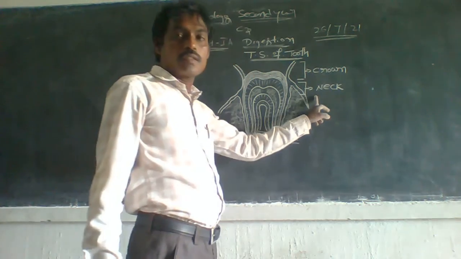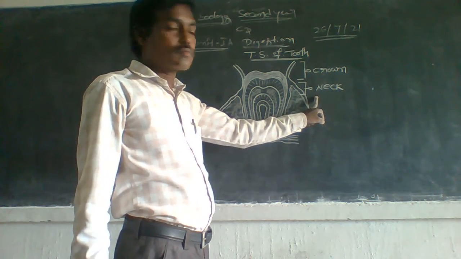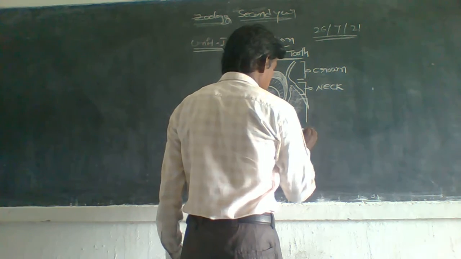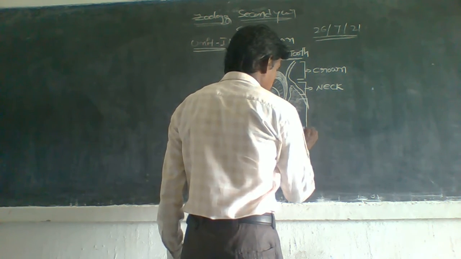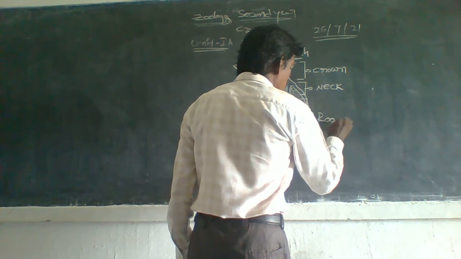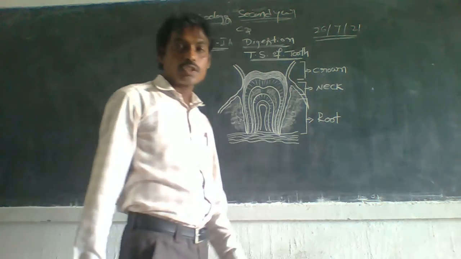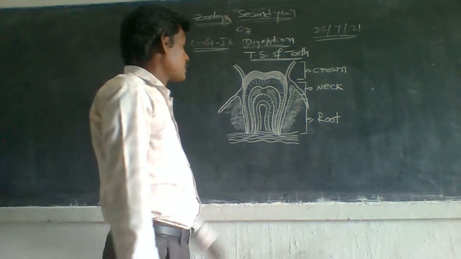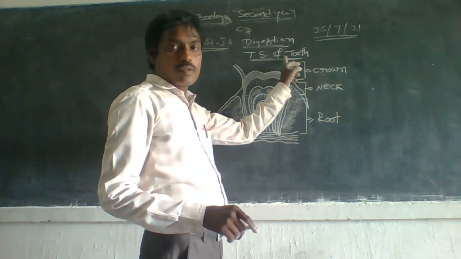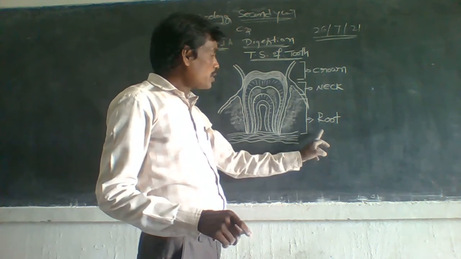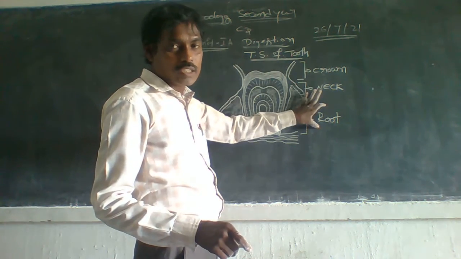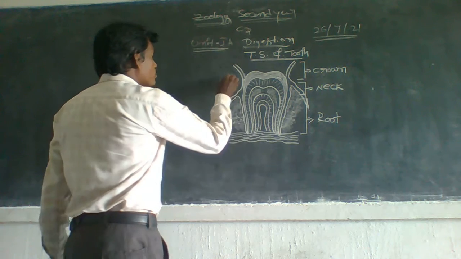This part, the neck. And this part, the root. The tooth mainly has 3 parts: crown, neck, root.